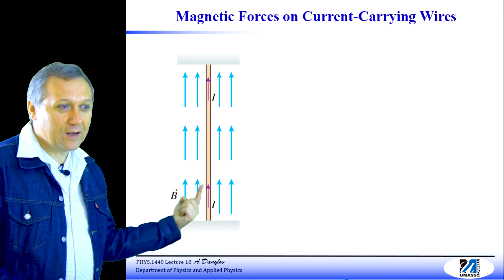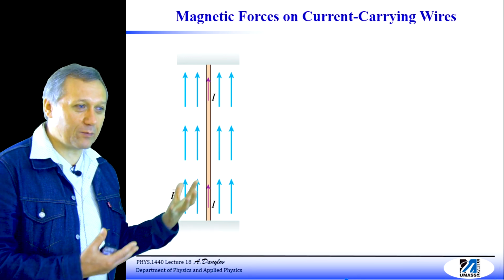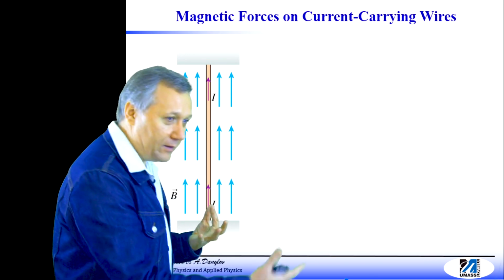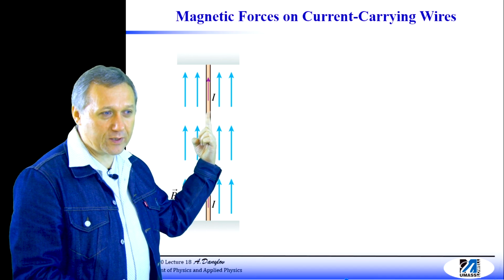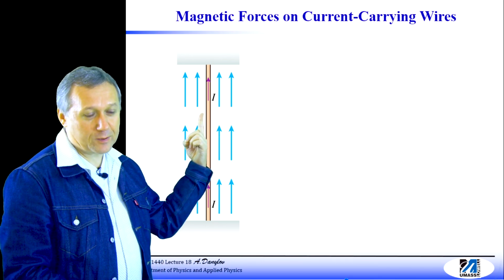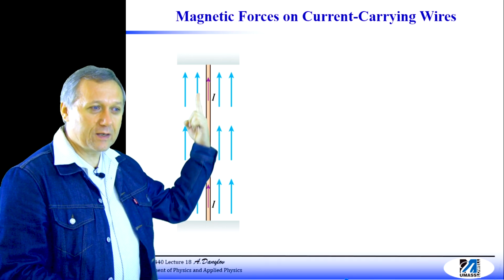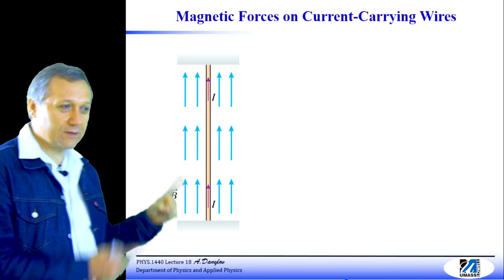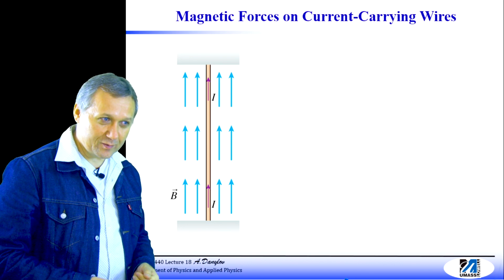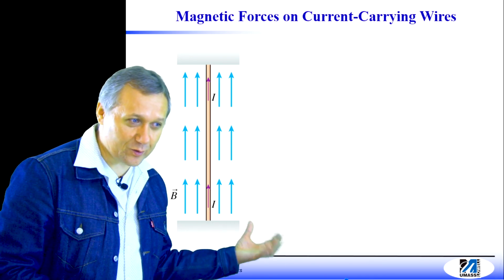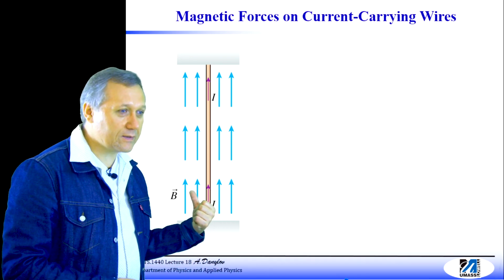Because in the formula, every time we have the cross product of the L vector, and the direction of the current determines the direction of L. Right? So when you take a cross product of this L and the magnetic field, they are both parallel, both up. So the angle between them is 0. So sine of 0 degrees is 0. So in this case, magnetic force is 0.